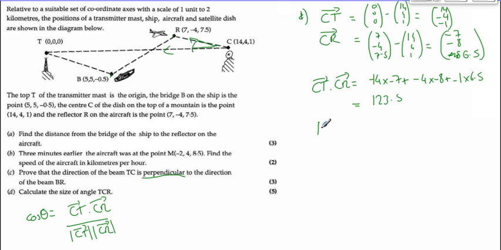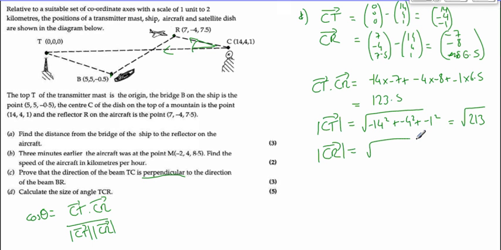The magnitude of CT is equal to the square root of minus 14 squared, add minus 4 squared, add minus 1 squared, which is equal to root 213. This will be a calculator paper, obviously. And then magnitude of CR is minus 7 squared, add minus 8 squared, add 6.5 squared, which is root 155.25.